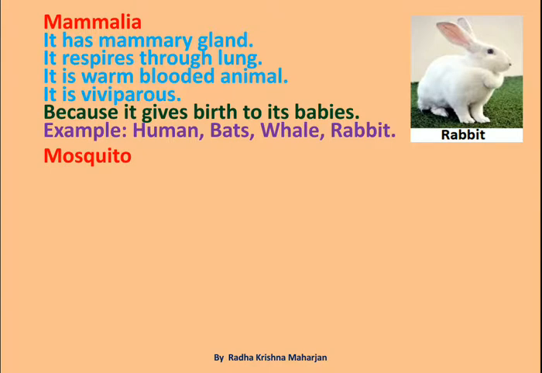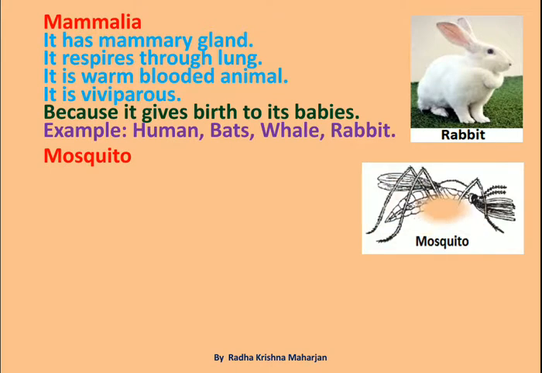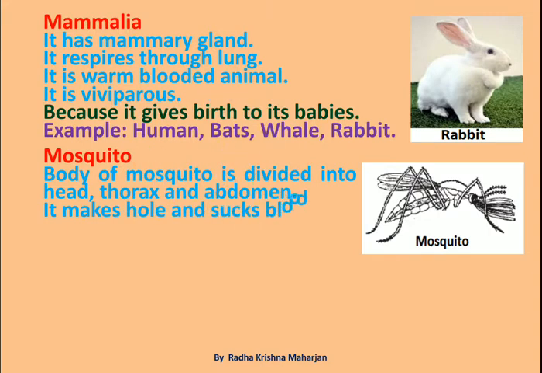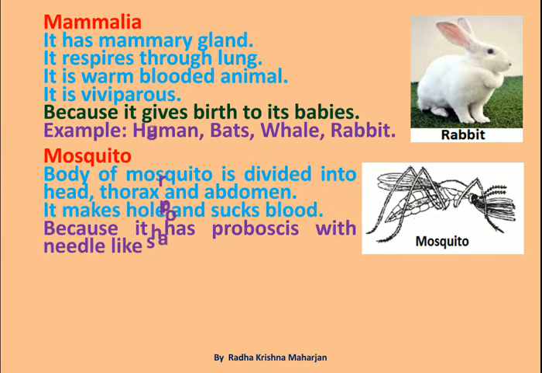Mosquito. Body of mosquito is divided into head, thorax, and abdomen. It makes hole and sucks blood because it has proboscis with needle-like sharp organ.